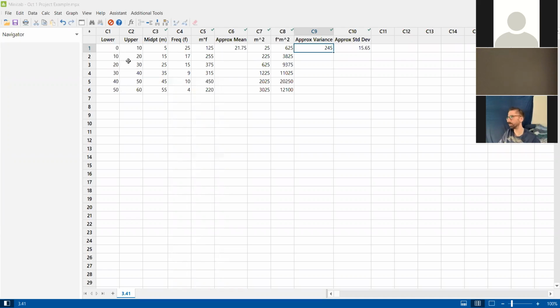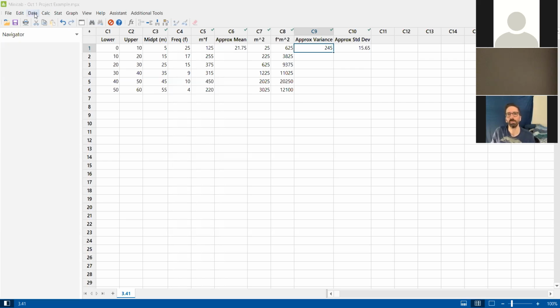I put them in separate columns so I could just ask Minitab to calculate the midpoint. Remember, the midpoint of any class is the middle value, and you just take the average of the lower and upper endpoints. And so we got these numbers here.